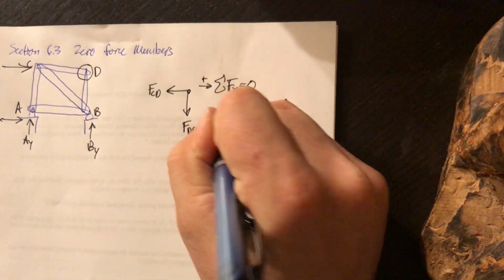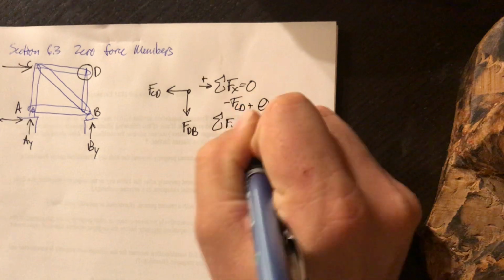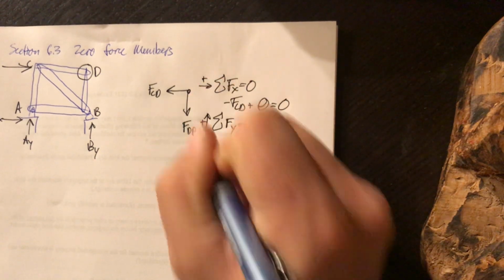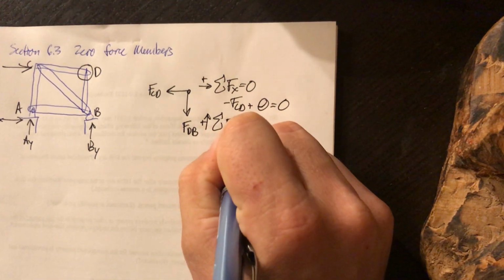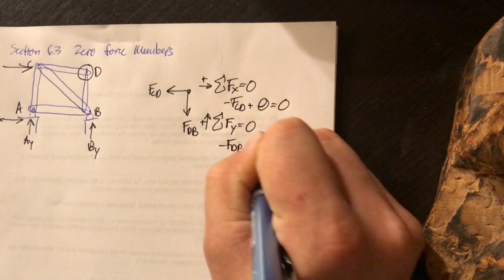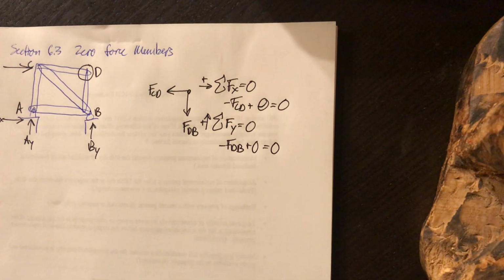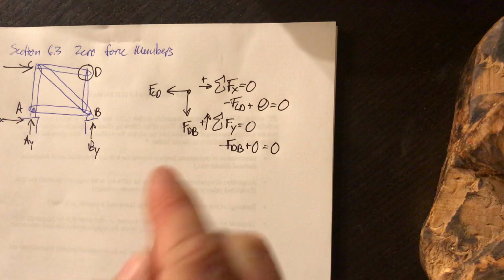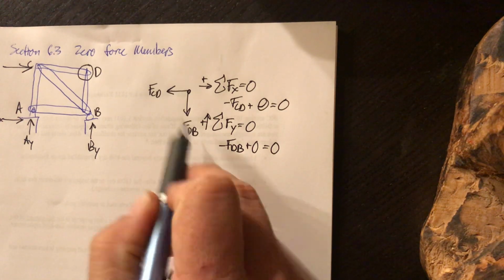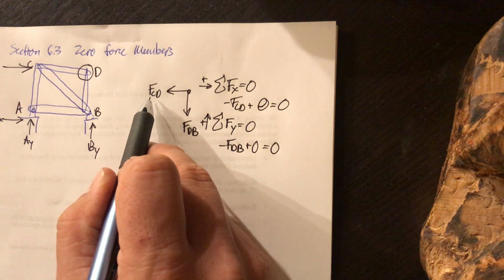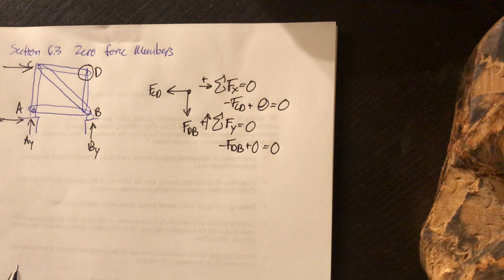And if I sum the forces in the y direction and say that's equal to 0, I'm also going to get negative FDB plus nothing is equal to 0. Okay? So what we just found is that both FDB and FCD have 0 loads in them, or 0 force.